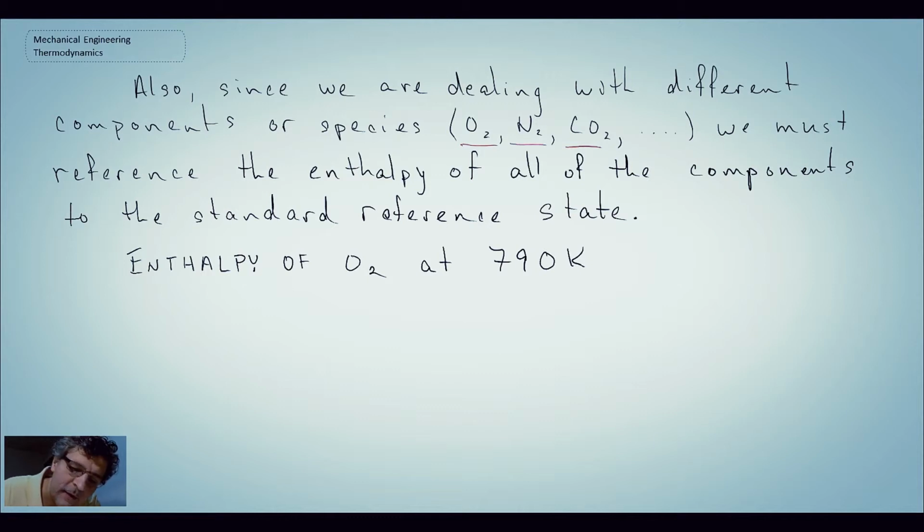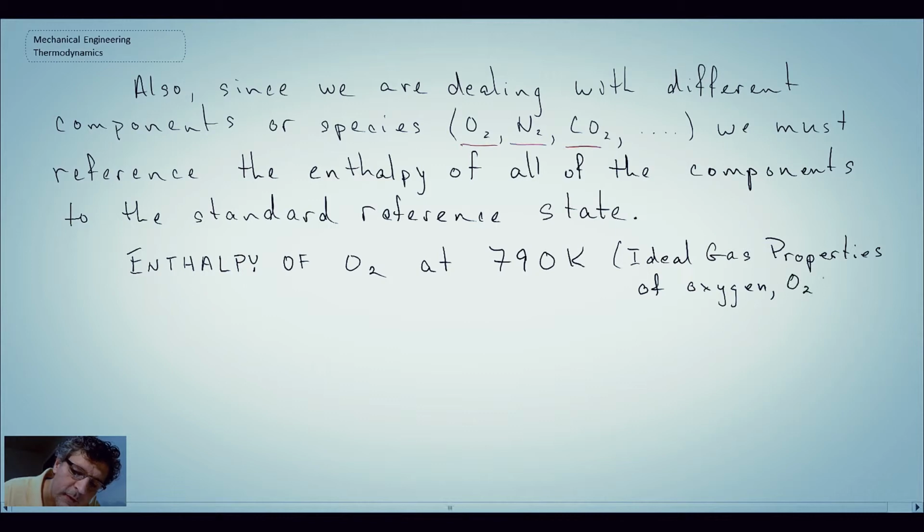So what we would need to do, given that we're not at the 25 degrees C reference state, is look in the back of our books for a table dealing with ideal gas properties of oxygen, O2. These tables will be tabulated on a per kilomole basis, and you'll find the value for enthalpy at 790 Kelvin.